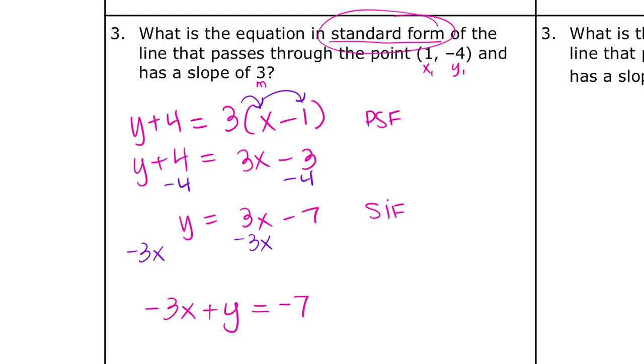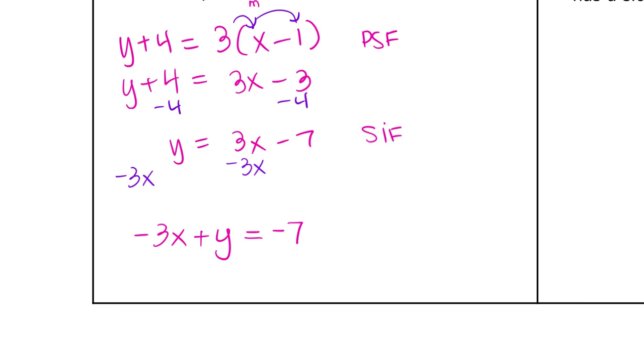So the good thing is that everything is a whole number, but bad thing is this first number needs to be positive, and right now it's negative. So in order to fix that, we're going to multiply the entire equation by the denominator of this number. So remember that all whole numbers have invisible ones at the bottom. So we're going to multiply by 1, but we're going to make it negative.